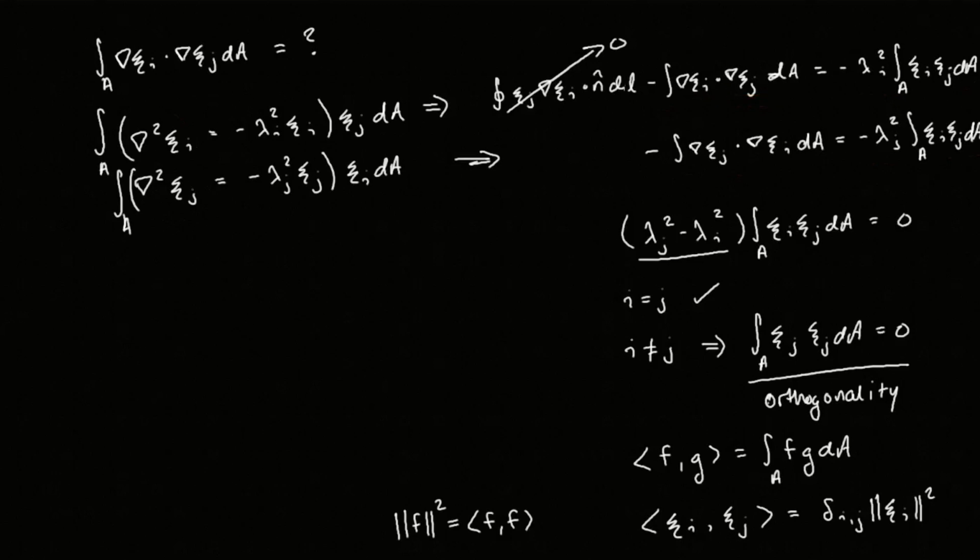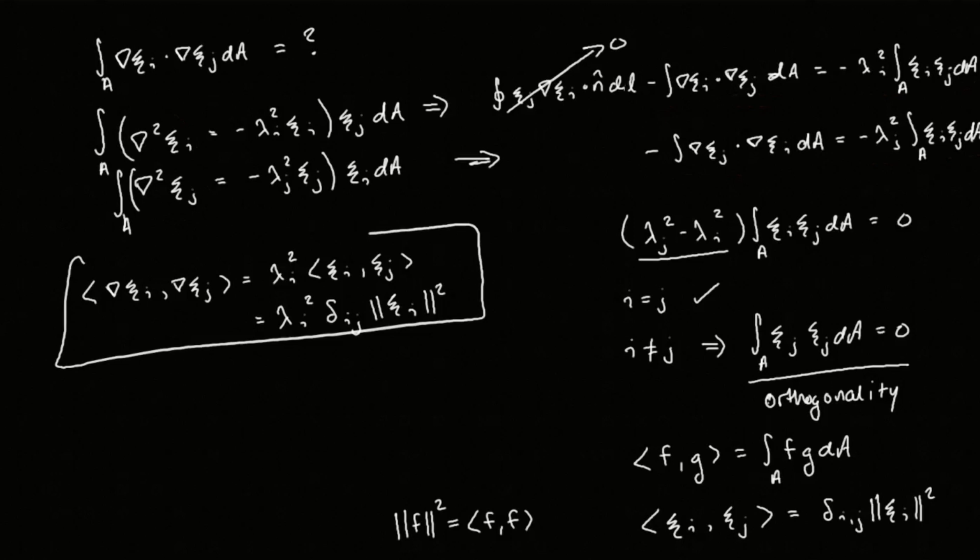Using the inner product notation, we have the inner product of grad Ci and grad Cj is equal to lambda I squared times the inner product of Ci and Cj, which, because of the orthogonality principle, we showed was Kronecker delta Ij times the magnitude of Ci squared. Okay, so we have that expression now. And you can show the same thing for the Neumann modes. Same thing works out there.